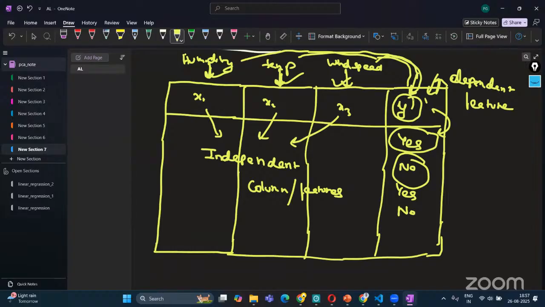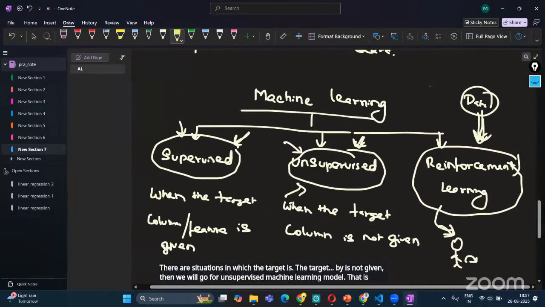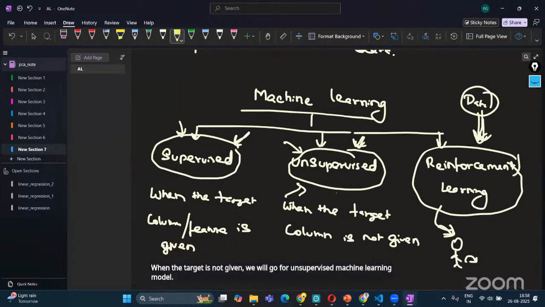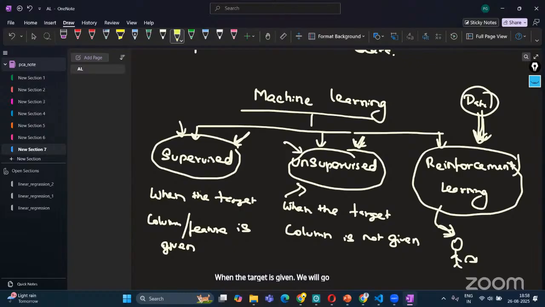If there are situations in which the target Y is not given, then we will go for an unsupervised machine learning model. That is what is written over here. When the target is not given, we go for unsupervised; when the target is given, we go for supervised ML model.